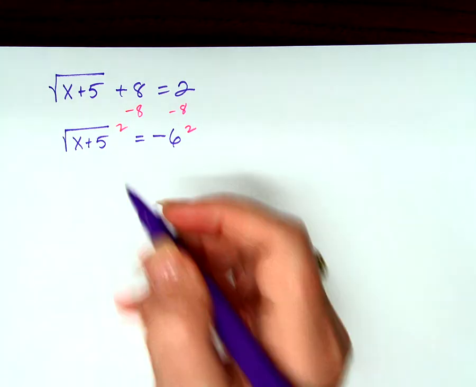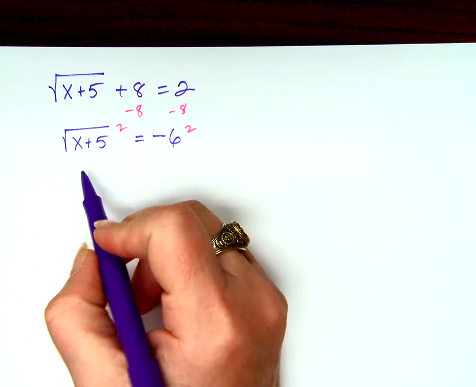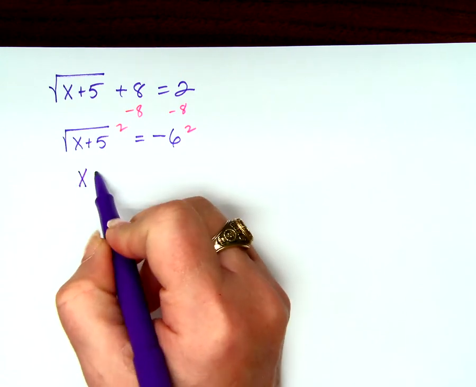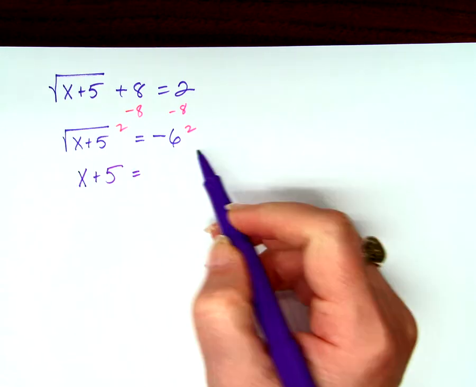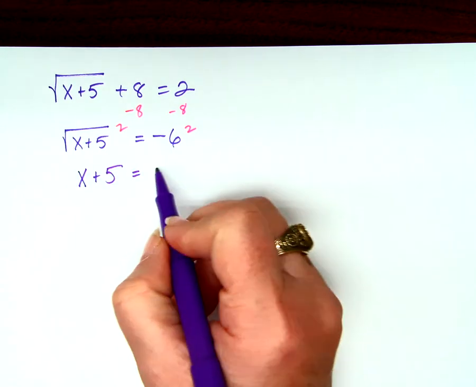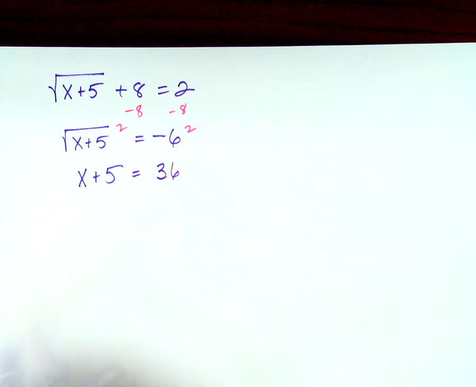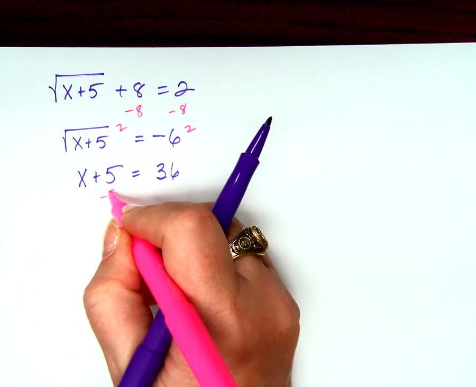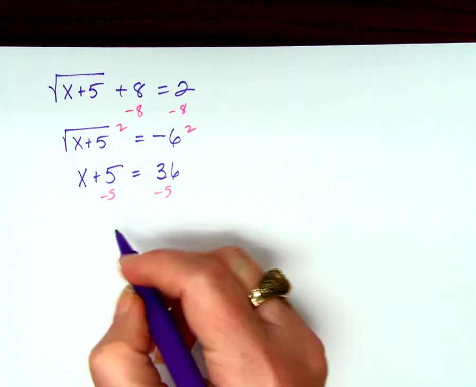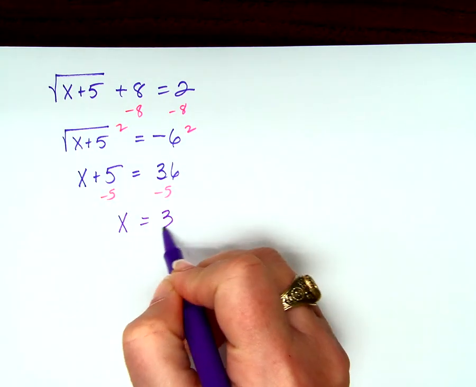Okay. If I square both sides, what do I get on the left-hand side? X plus 5. If I square the right-hand side, what do I get? 36. Now what do you want to do? Subtract 5 from both sides. X equals 31.